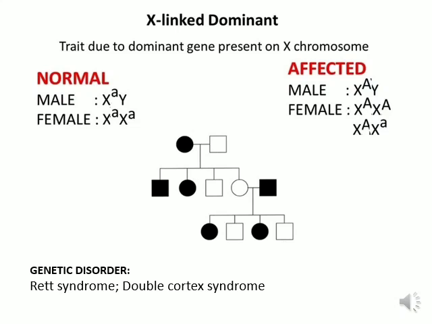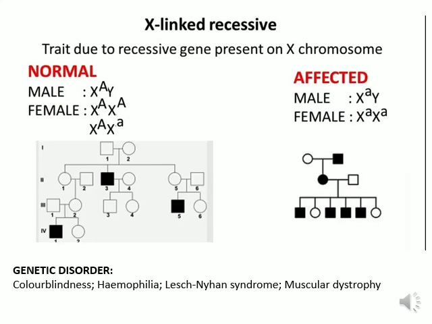The genetic disorders are Rett syndrome and double cortex syndrome. In the next slide we will learn the X-linked recessive, which is very common and very interesting. It is interesting because both the parents are normal and only males are affected. See, only males are affected.